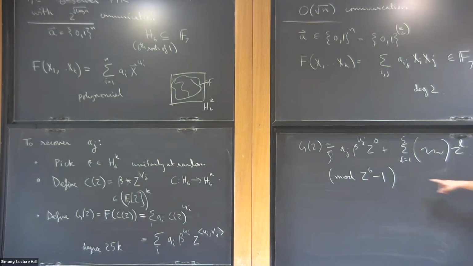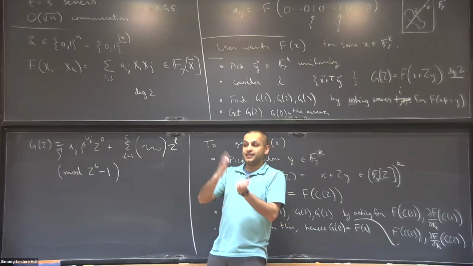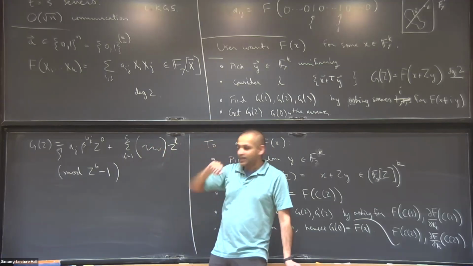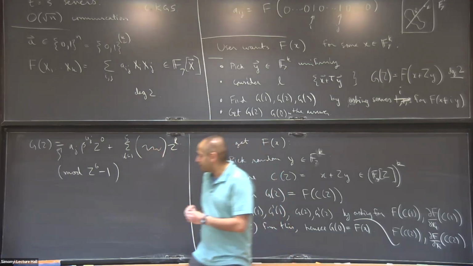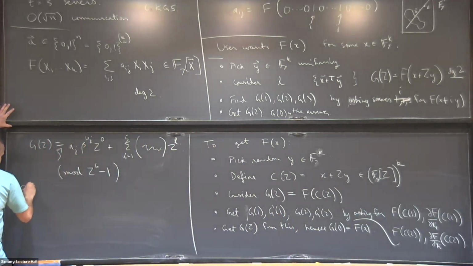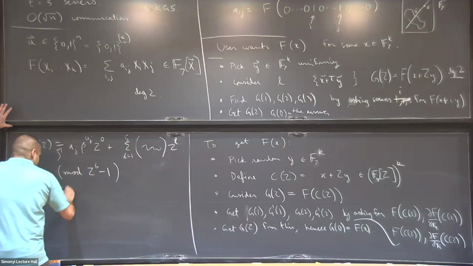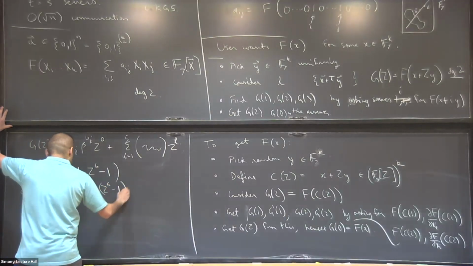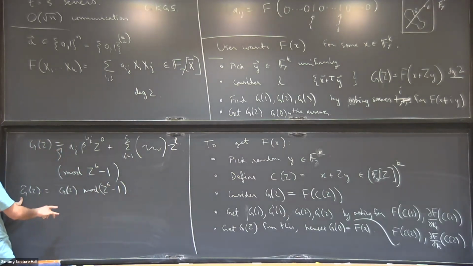And what does reducing mod Z to the 6 minus 1 mean? It means whenever you see Z to the 6, you replace it with 1. So Z to the 24 is the same as 1, Z to the 25 is Z. And so it is exactly the same thing as reducing the exponents mod 6. So we have G tilde of Z, which is G of Z mod Z to the 6 minus 1. And so it's of degree 5 or lower.